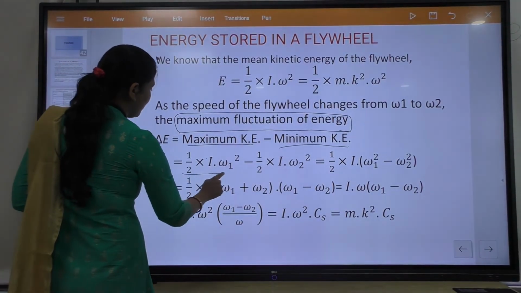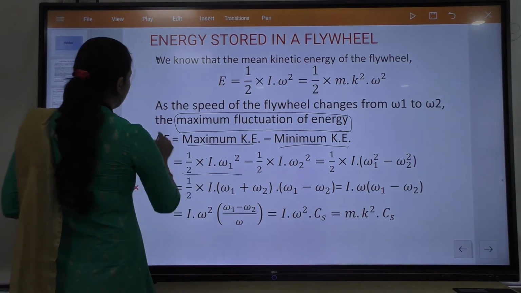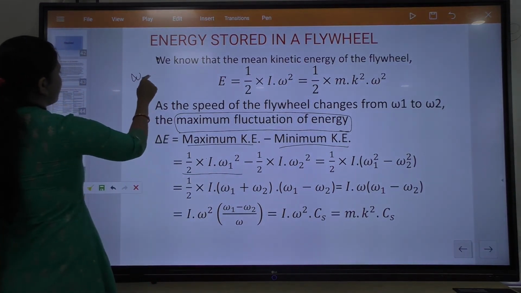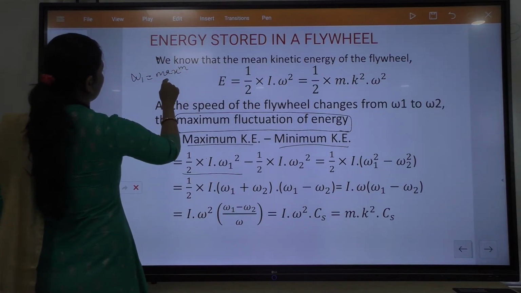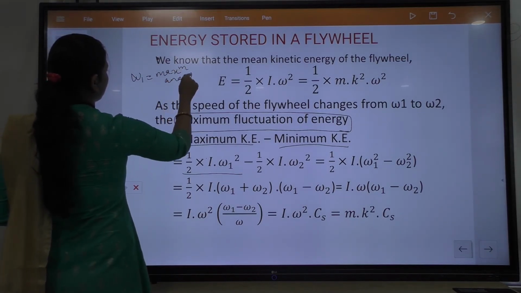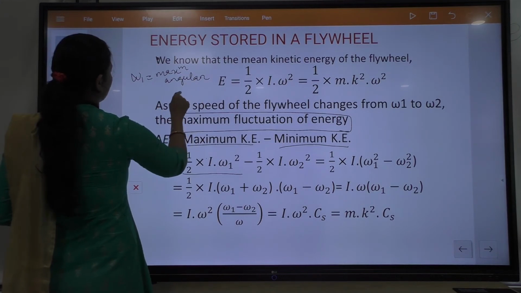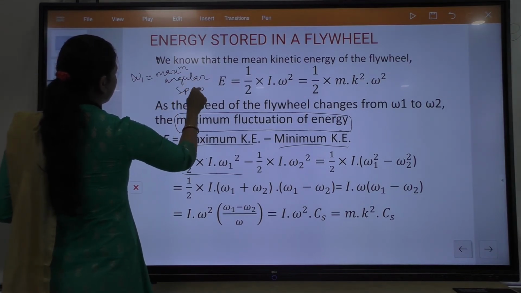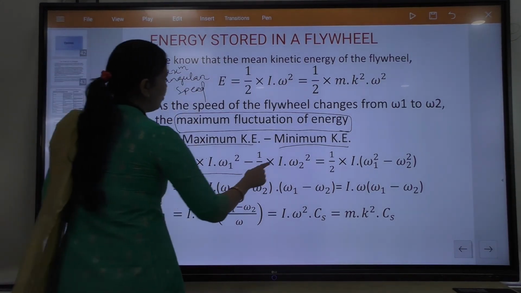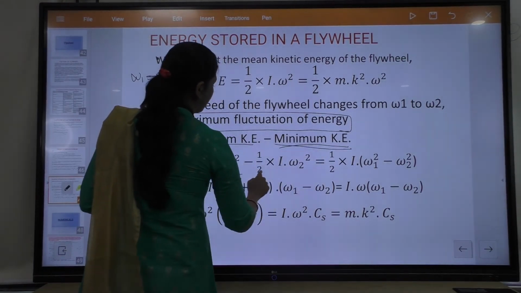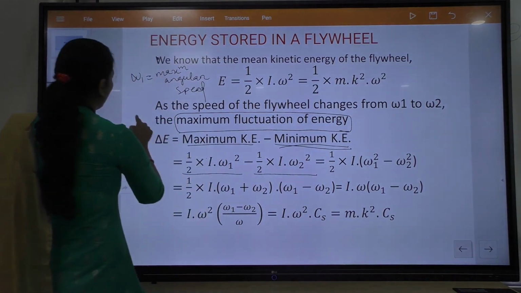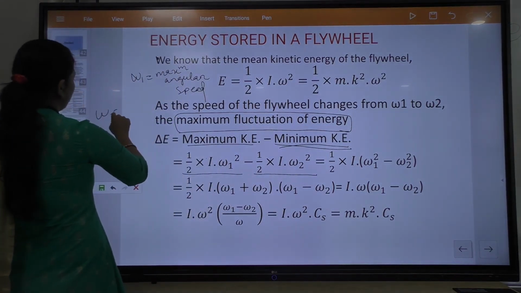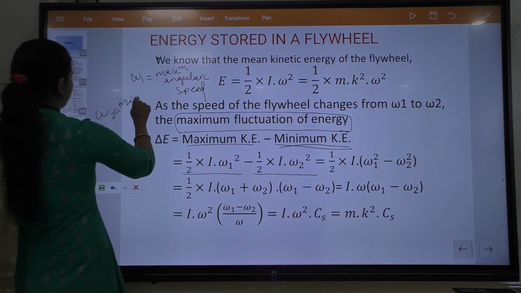This is half into I into omega square if omega 1 is the maximum angular speed. And what is the value of minimum kinetic energy? This is equals to half into I omega 2 square. This omega 2 is the minimum angular speed.